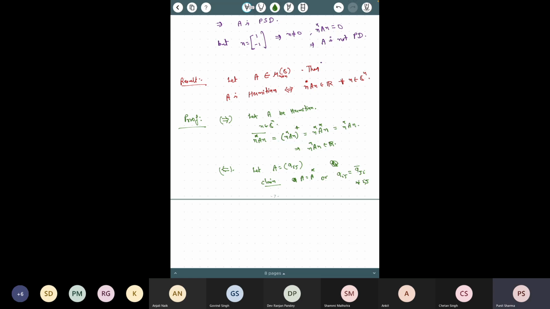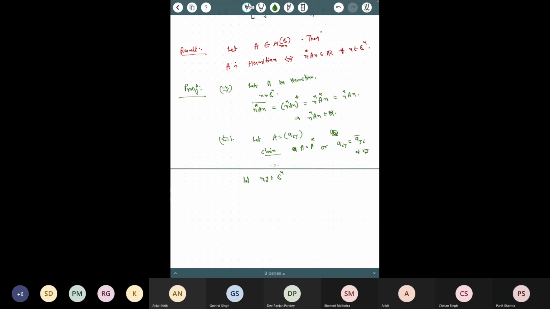Now, how to do that? Here one observation is important. x star Ax is real for every x. If I take any two vectors x and y in Cn, and look at x plus y star A x plus y, this is x star Ax plus x star Ay plus y star Ax plus y star Ay.